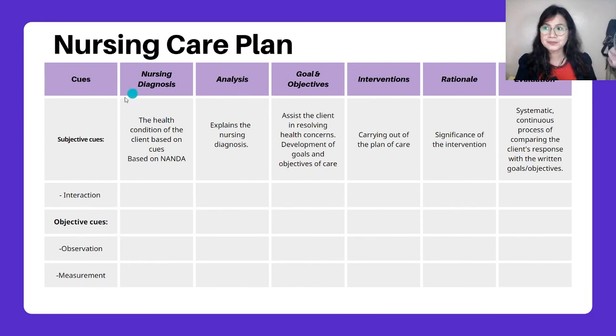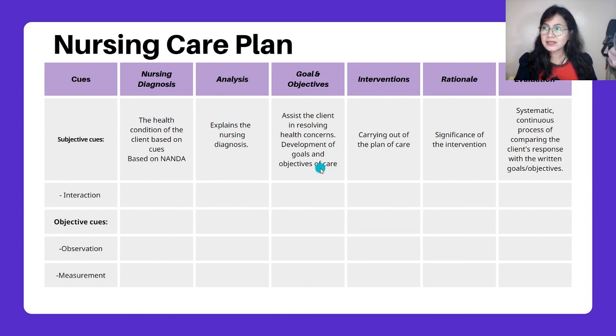In the next column, we have the nursing diagnosis. Nursing diagnosis reflects the health condition of the client based on NANDA. Then the third column is the analysis. This explains the nursing diagnosis.